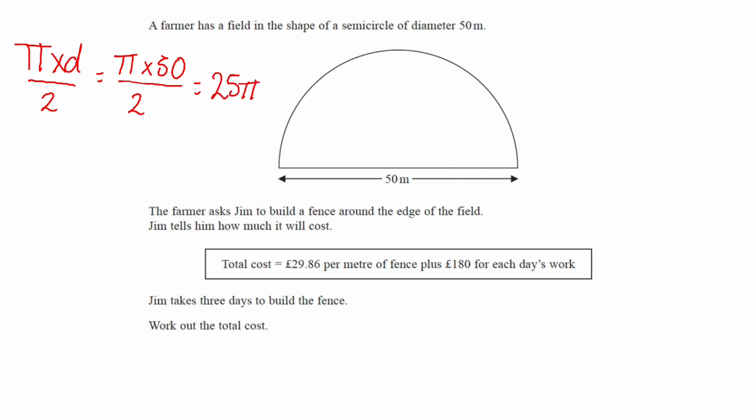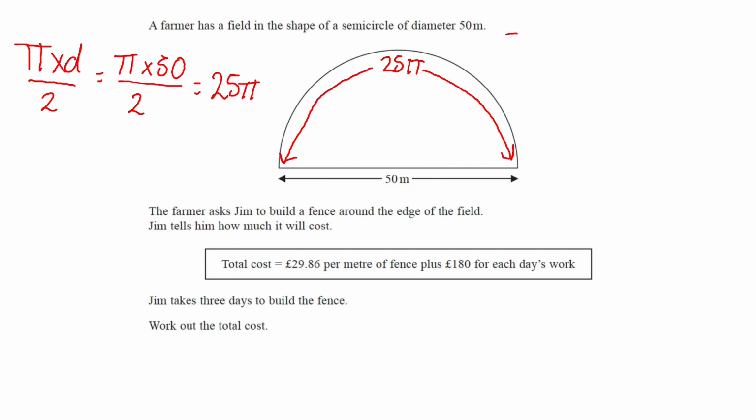Now, this is only for the arc length. So 25 pi gets us round the curved part. It does not get us round the straight part. And we want a fence around the whole field. So we need to add on the 50.